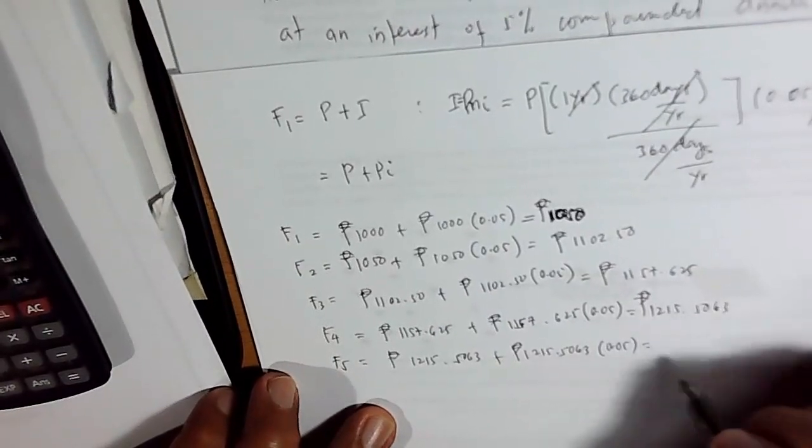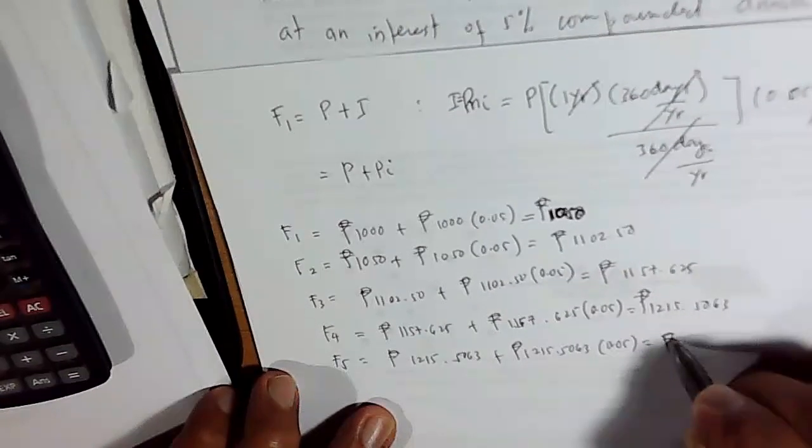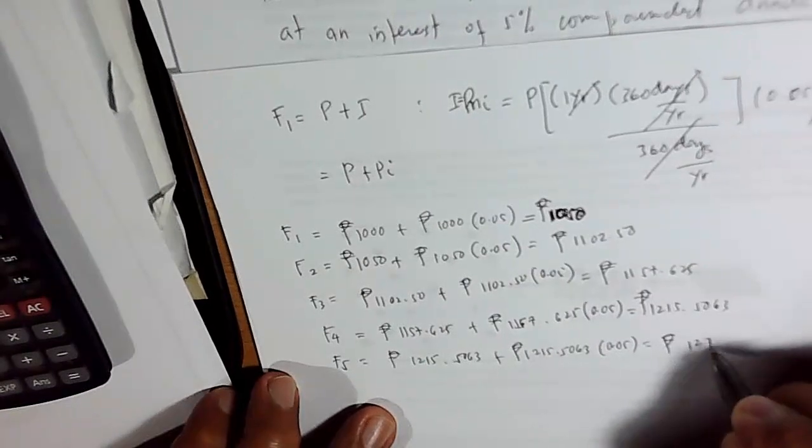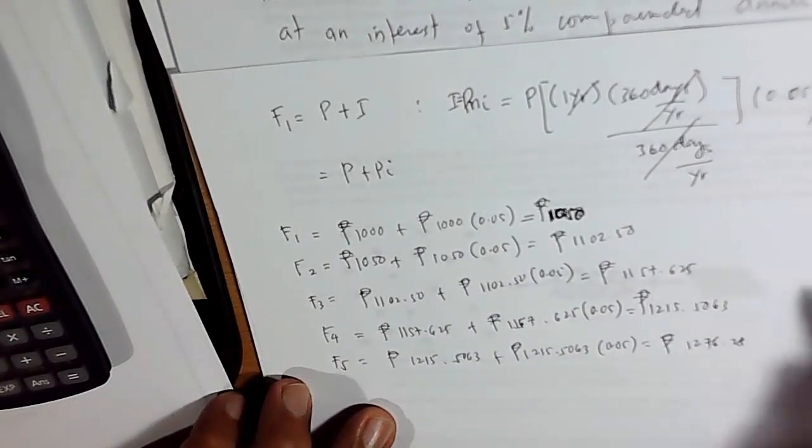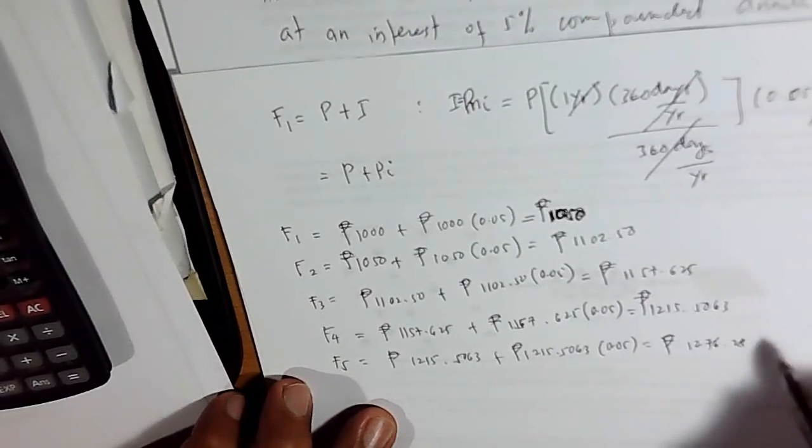We have now the accumulated amount of 1,276.28 pesos.